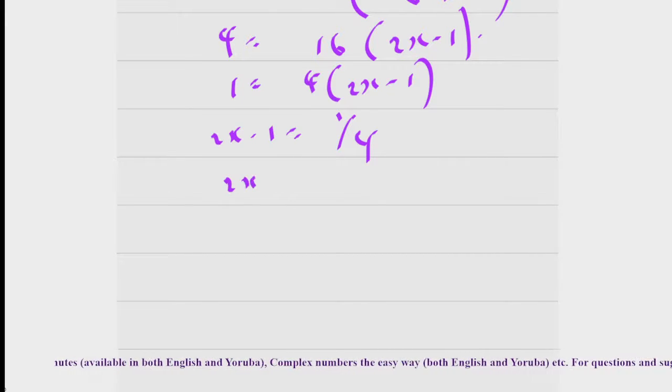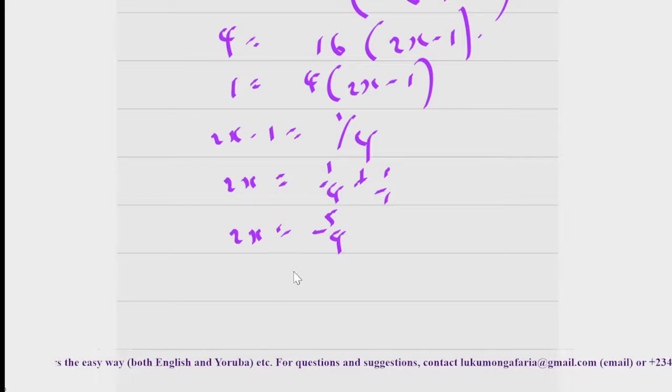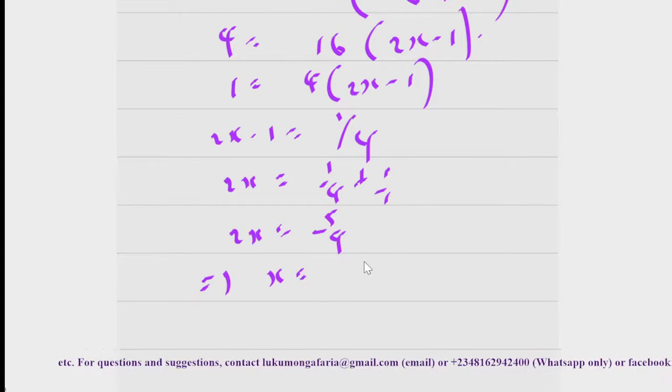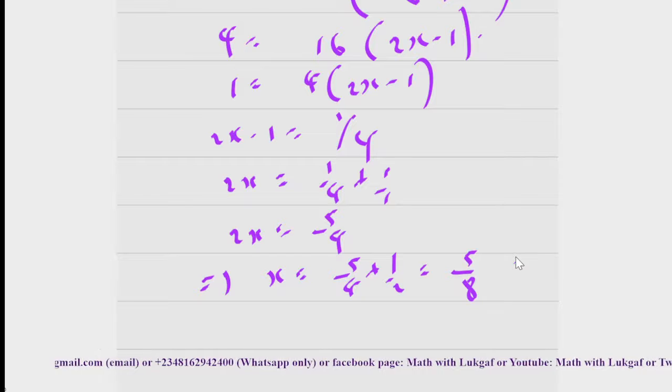Then 2x will now be 1 over 4 plus 1. So 2x is equal to 5 over 4. Therefore, this implies that your x is equal to what? 5 over 4 multiplied by 1 over 2, which is equal to 5 over 8.